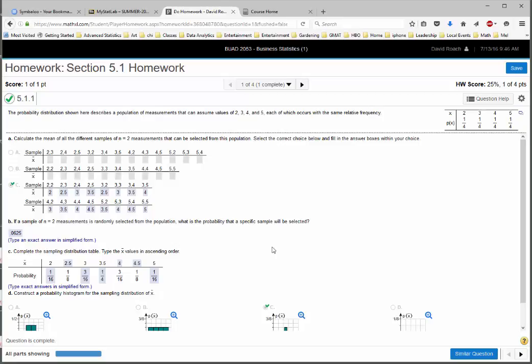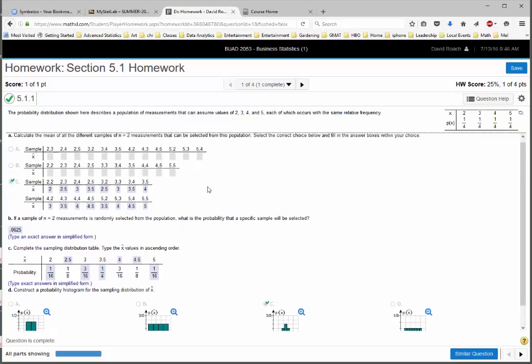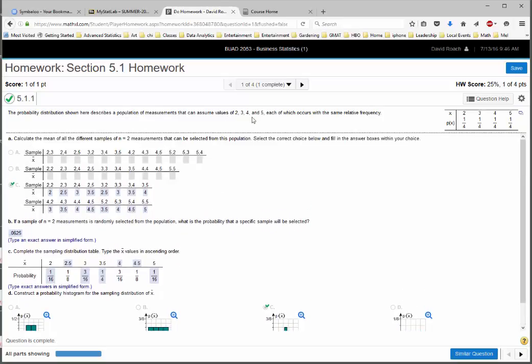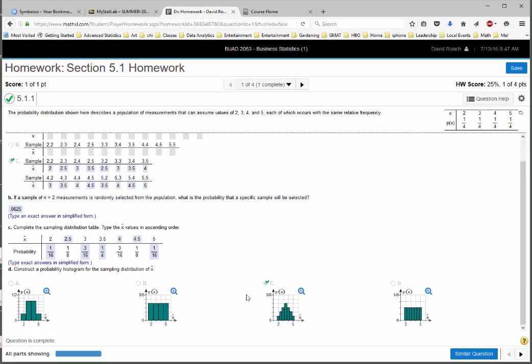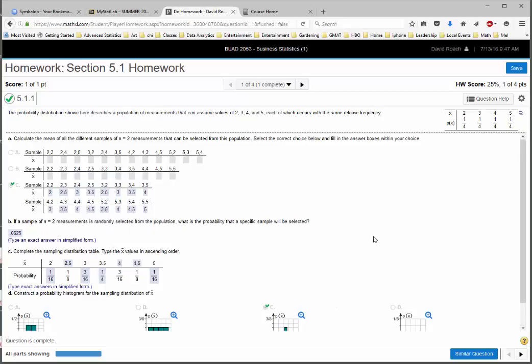if you take a population, collect all possible samples, and compute a statistic from each sample, the resulting sampling distribution is going to tend towards a bell curve. And that's option C here. I'll go ahead and say, while I'm here, to finish what's called the central limit theorem: the mean of this sampling distribution, the mean of all of these 16 numbers, is going to equal the mean of the population.